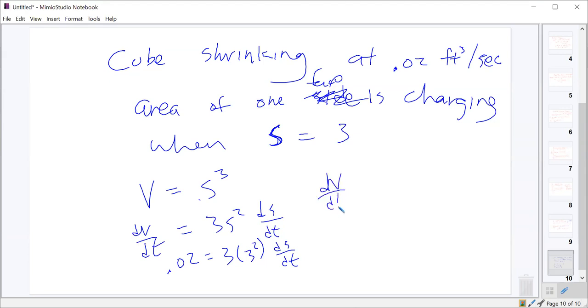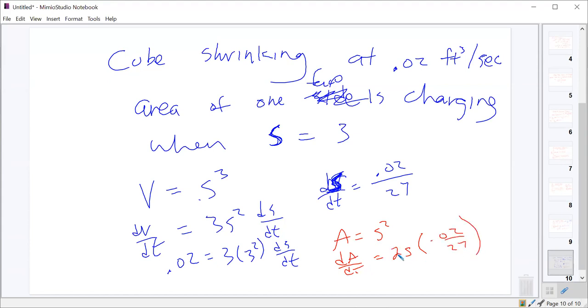Then to find how the area of that face is changing, the area is the side squared, so dA/dt is 2s times ds/dt. Our s was 3, so cancelling the 3's, you end up with 0.04 over 9. That's how you'd go about something like that.